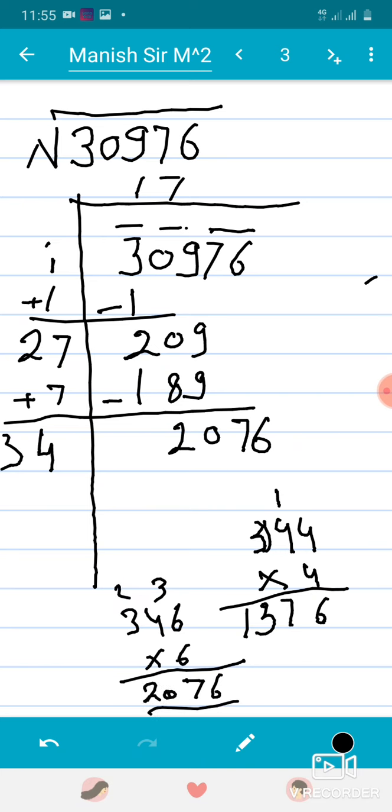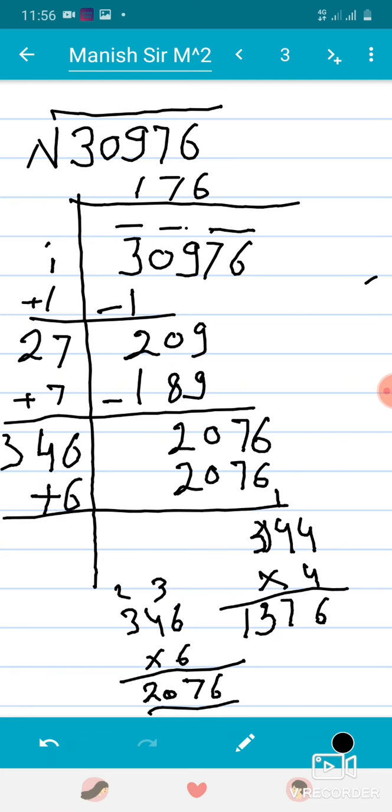It is exactly 2076. It means the division will go with 6. We put here 2076 and 6 also. On the left side we add and on the right side we do the subtraction.